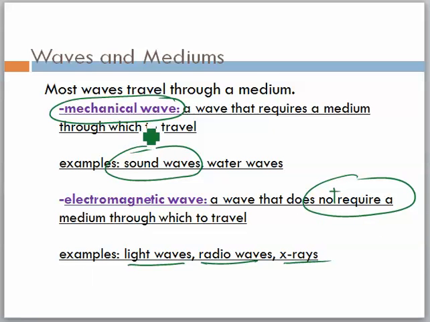The ones we have been talking about do require a medium. So we're going from things that need air. Sound needs air. Sound needed to travel through water. It needed to travel through iron. But electromagnetic waves do not. These are the waves that can travel in outer space. A mechanical wave would not travel in outer space.